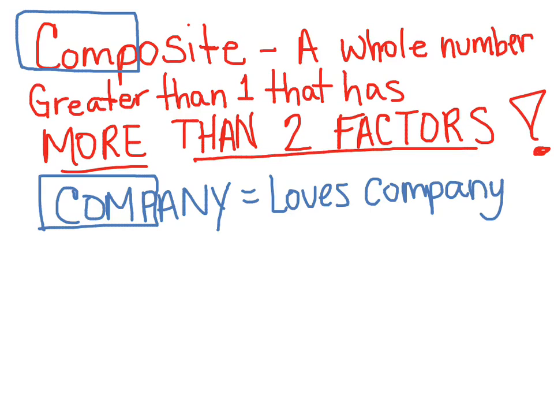So composite equals company. Composite numbers love company. That means they have more than 2 factors. They want as many friends over as they can.